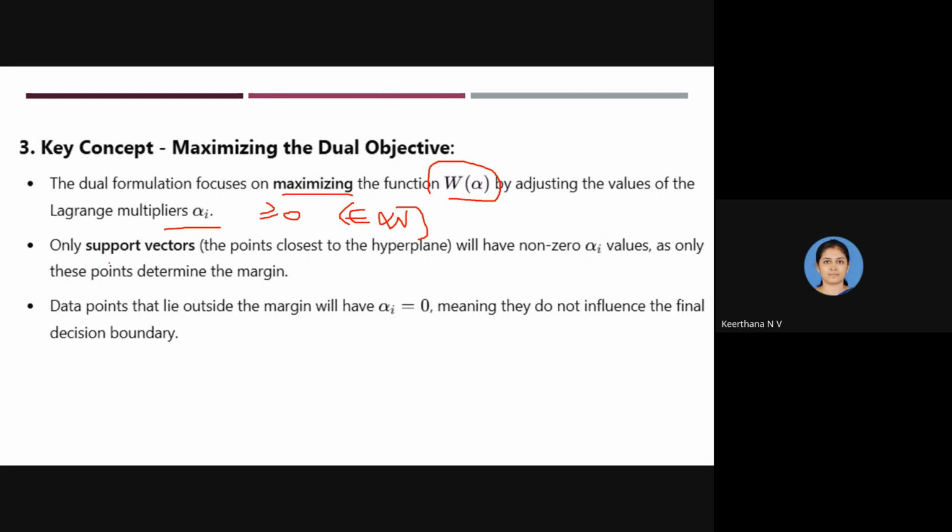Only support vectors will have non-zero values, as only these points determine the margins. If any points lie outside the margins like this, then the multiplier value will always be 0. Only the points present inside the hyperplane will have values greater than or equal to 0.